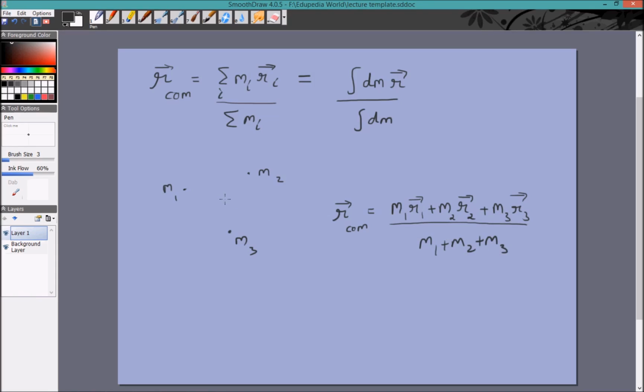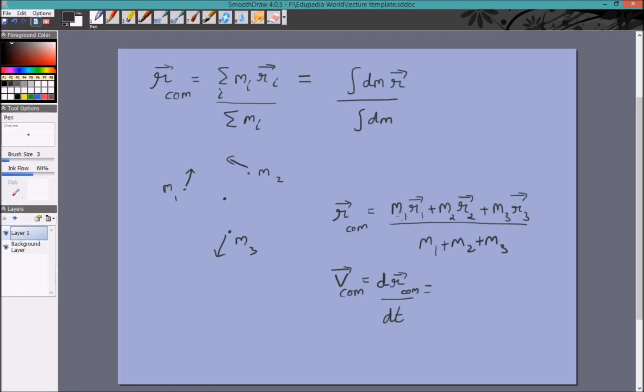Let's say the center of mass is initially at this point, and these objects are moving in these directions with velocities and accelerations. Obviously, if the particles have accelerations, there must be external forces acting on the particles. So what is the velocity of this point? That is simply the derivative of the upper equation, d RCOM by dt.